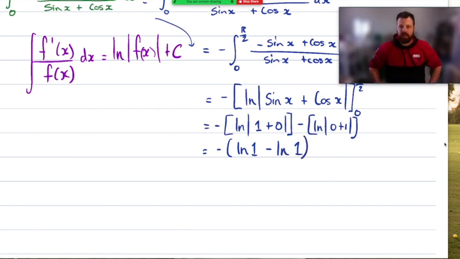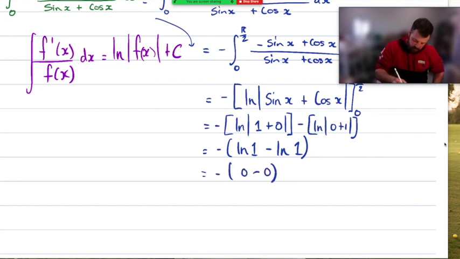And look, there's 1,000 ways you can think about this now, because ln of 1 by itself is just 0. So 0 minus 0. Our final answer here is going to become 0. Or ln of 1 minus ln of 1, we're taking away the exact same values, so that would have got us to 0 again.